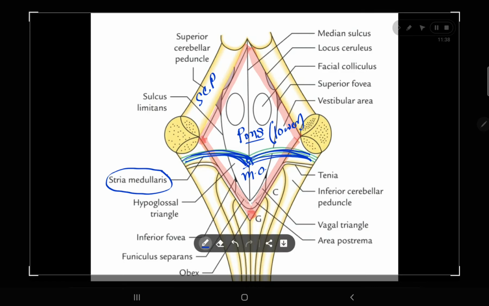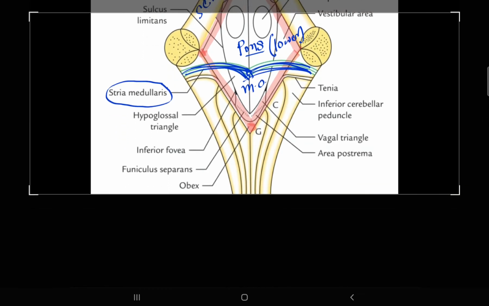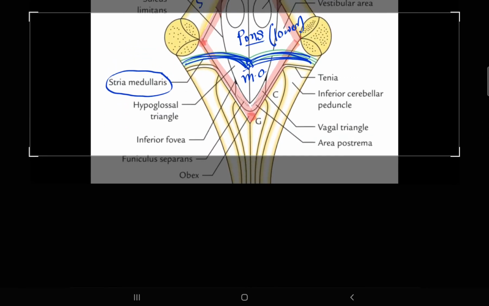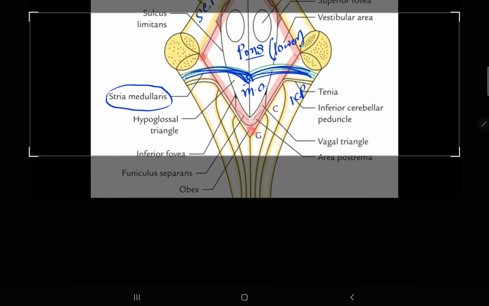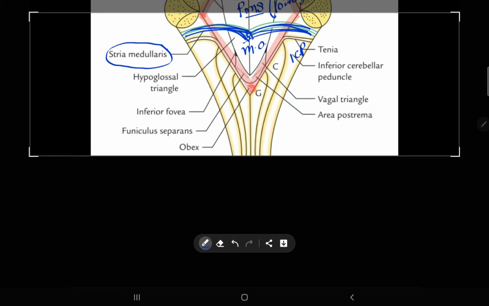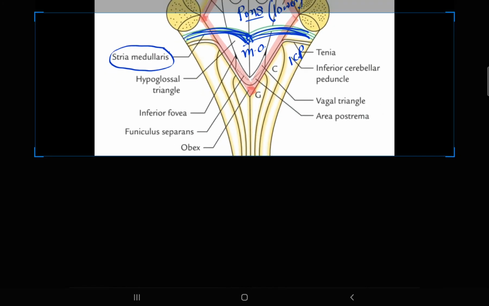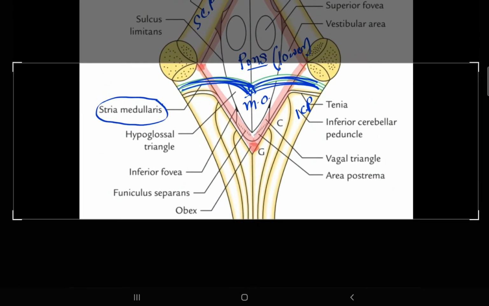All right. Now once again I am summarizing this lower inferior lateral boundary. What is this? Most lateral is your inferior cerebellar peduncle, and then medial to this is your cuneatus tubercle, C for cuneatus tubercle, and then medial most is your gracilis tubercle.